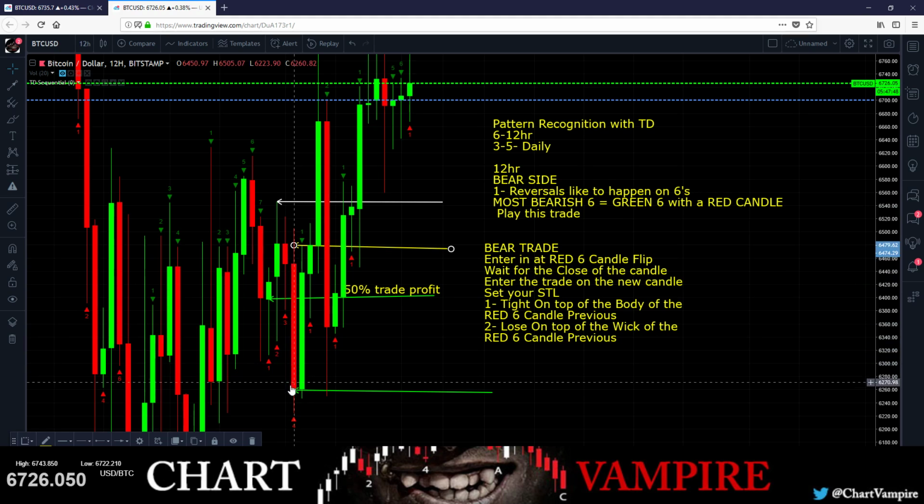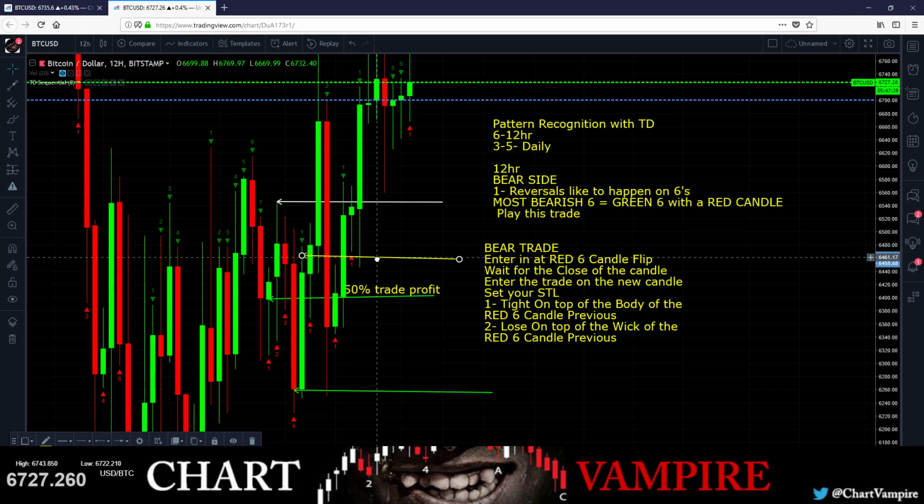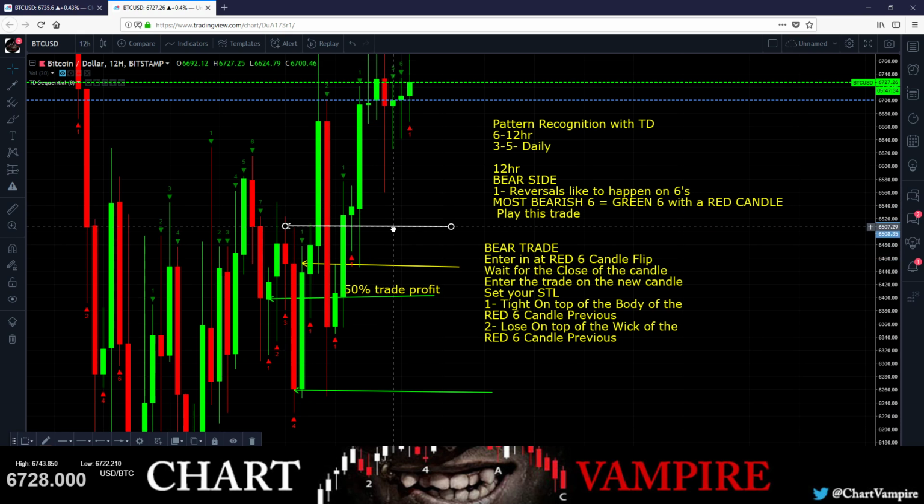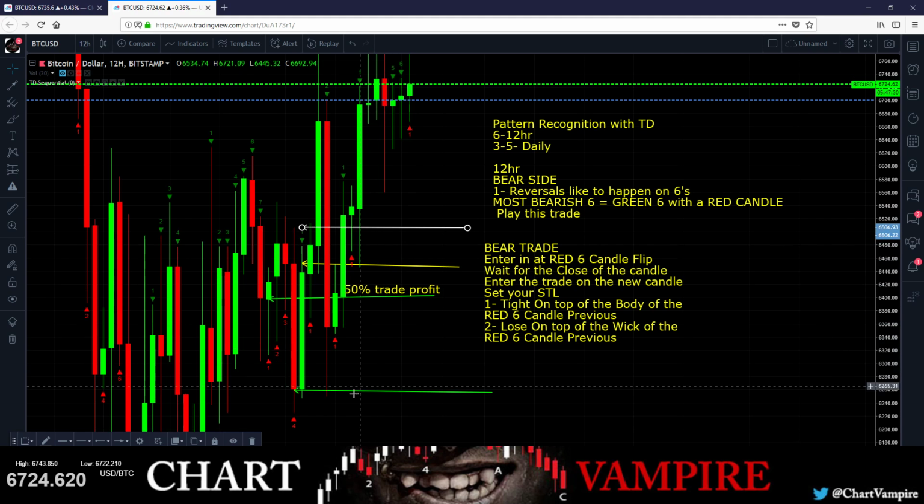And as this fell out, as this candle closed all the way down here, you would have then adjusted your stop loss one more time, and you would have come down to here would have been tight, here would have been loose, right? Right there. And then this would have come back up and taken you out of the trade eventually for the remaining 50% of your balance, right?